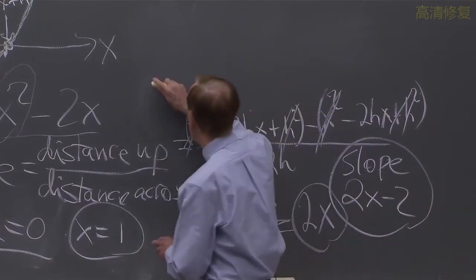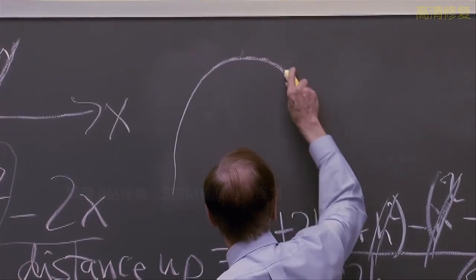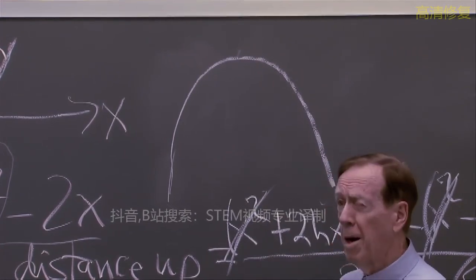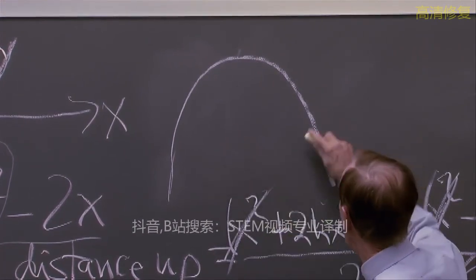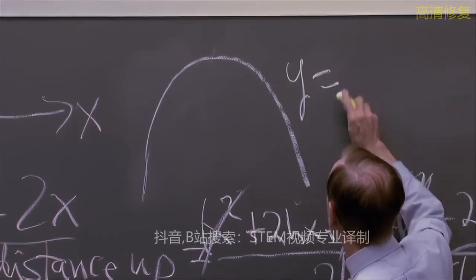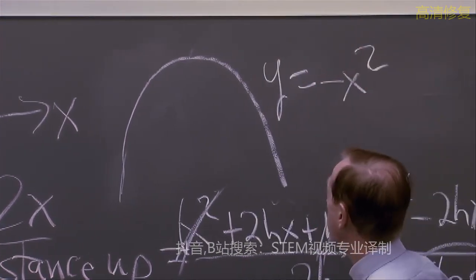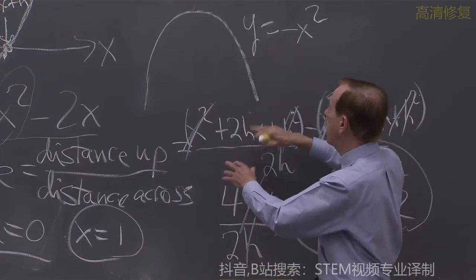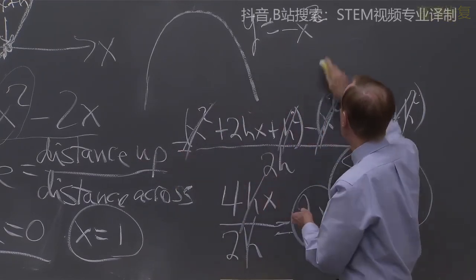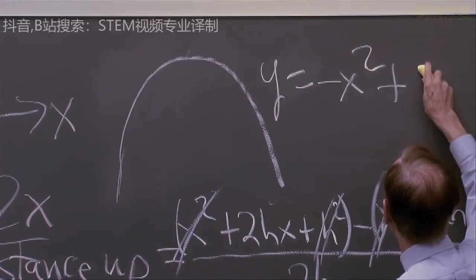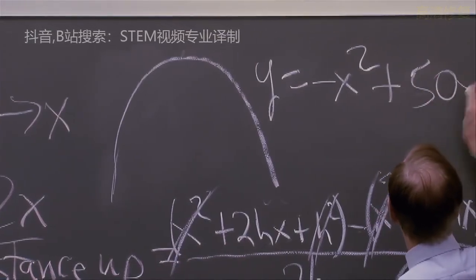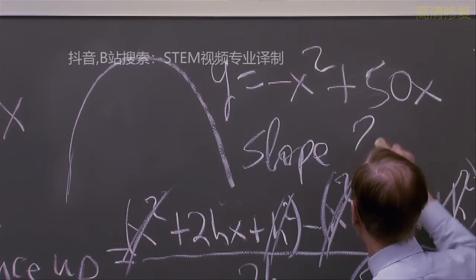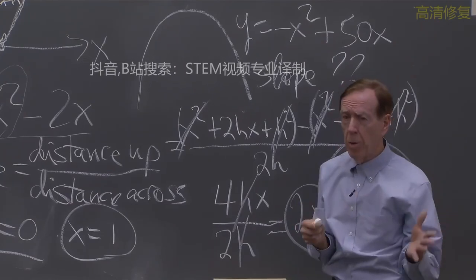Here you go. This is now one that goes this way. What will be the equation for that? y will be minus x squared, because as x increases, big to the left, big to the right, we need a minus sign to come downwards, plus, let me say, 50x. So my question for you is, what's the slope at a typical point x?